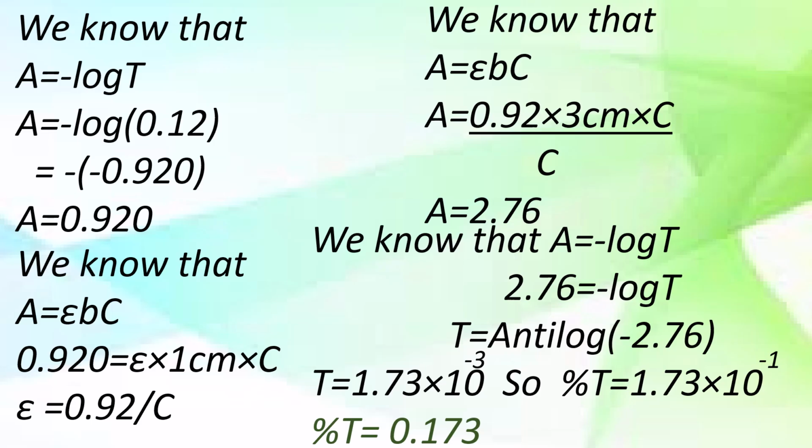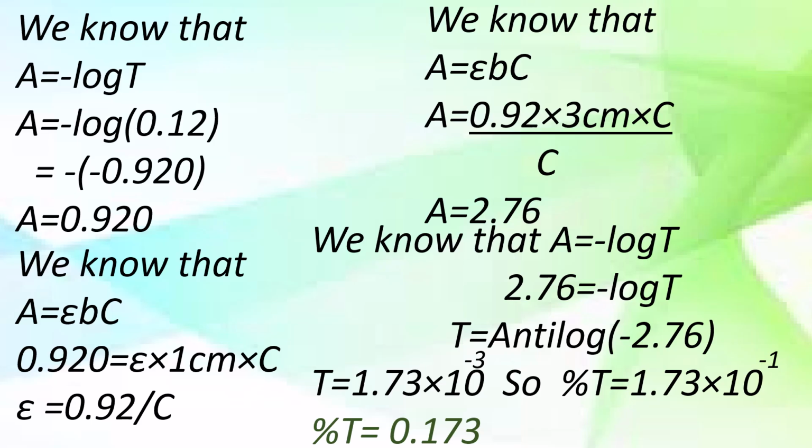Now we know that A is equal to epsilon BC. Now we will put the value of A: 0.920 is equal to epsilon into 1 centimeter into C. So in this equation there are two variables, epsilon and concentration.